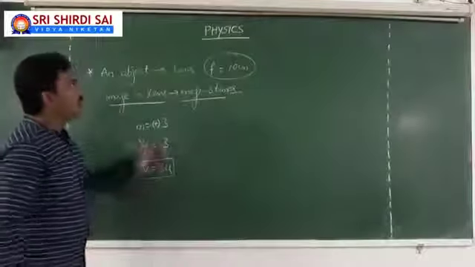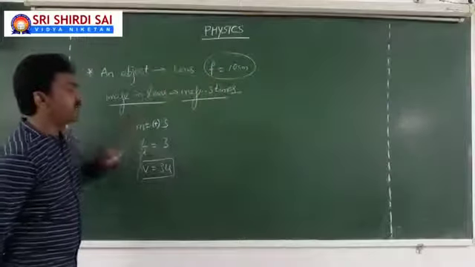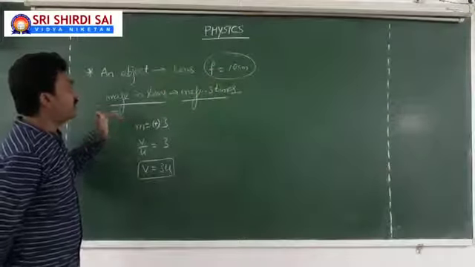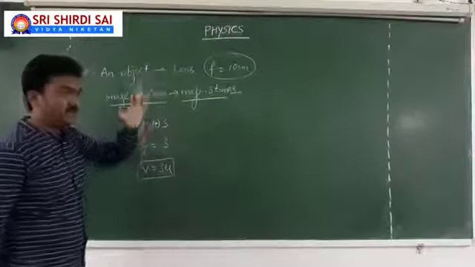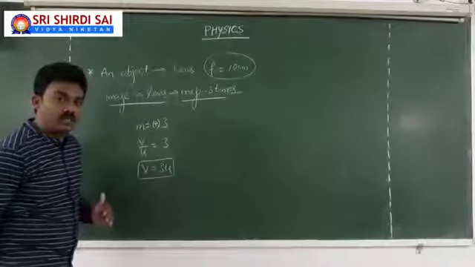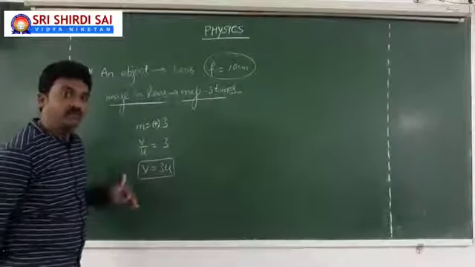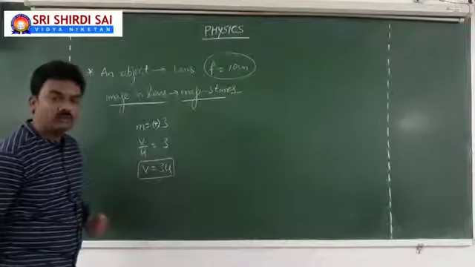So I repeat the data. An object is placed in front of a lens of focal length 10 centimeters. The observer finds the image of the object in the lens, which is magnified 3 times. Then guess the nature of the lens and find the object position will be your question.